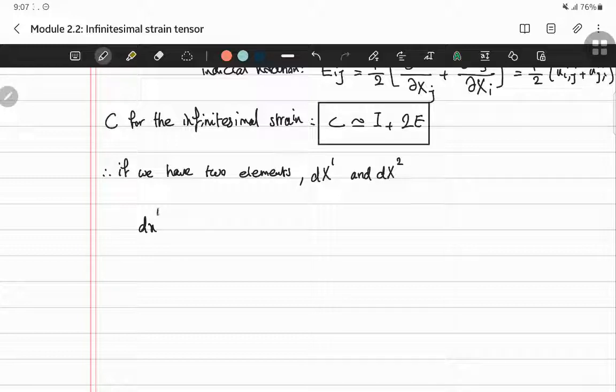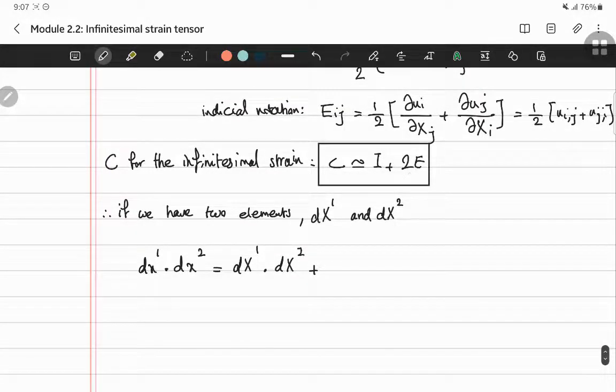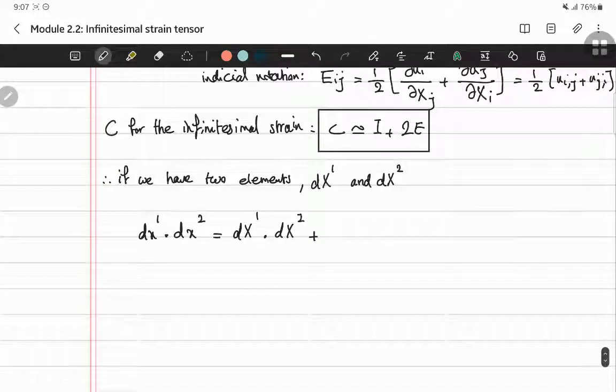So here I have dx1 dot dx2. If you want to know their angle, it is basically dx1 dot dx2 plus, see here we have I plus 2e. So we have C in here, where C is I plus 2e.